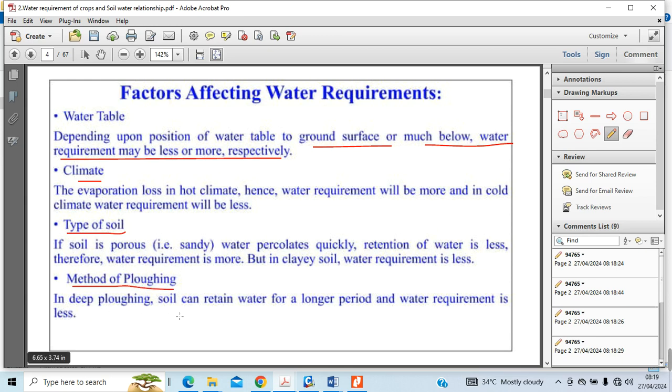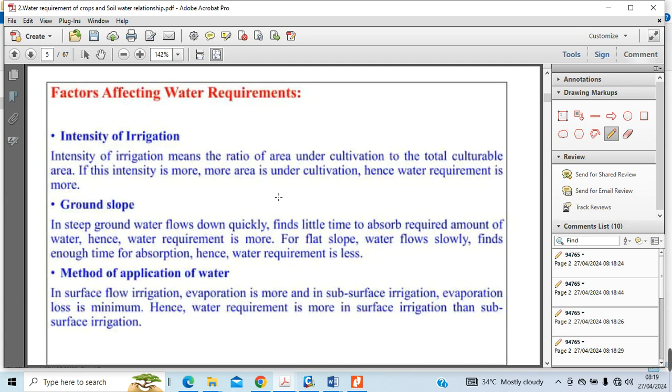In deep plowing, soil can retain water for a longer period and water requirement is less. Intensity of irrigation means the ratio of area under cultivation to the total cultivable area. If the intensity is high, more area is under cultivation, hence the water requirement is more.